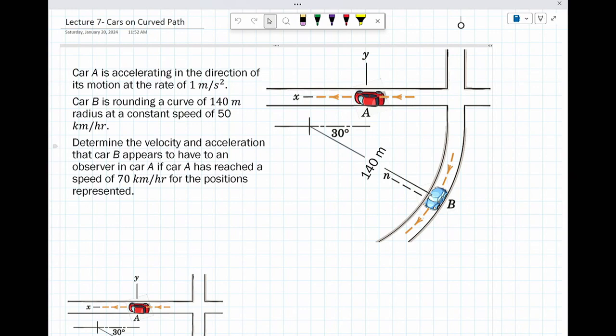Determine the velocity and acceleration that car B appears to have to an observer in car A if car A has reached a speed of 70 kilometers an hour for the positions represented. All right, 140 meter curve, 30-degree angle, X and Y are shown there. X is positive to the right. You have a curved path over there.